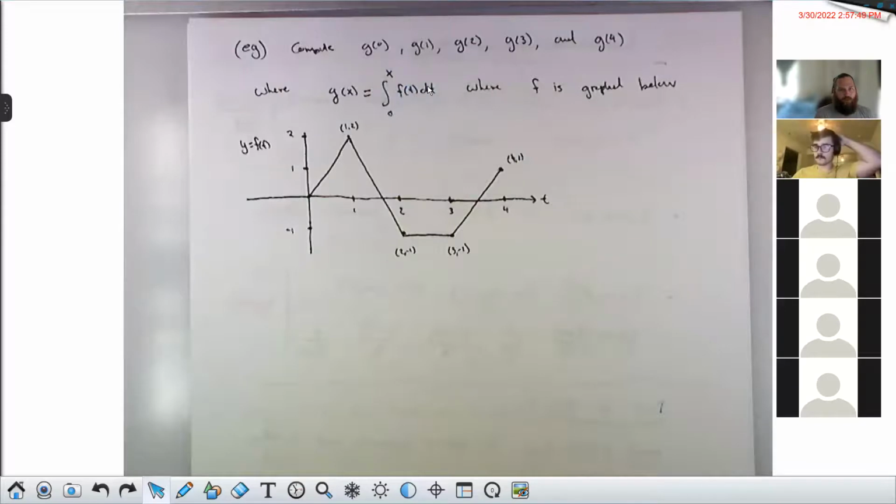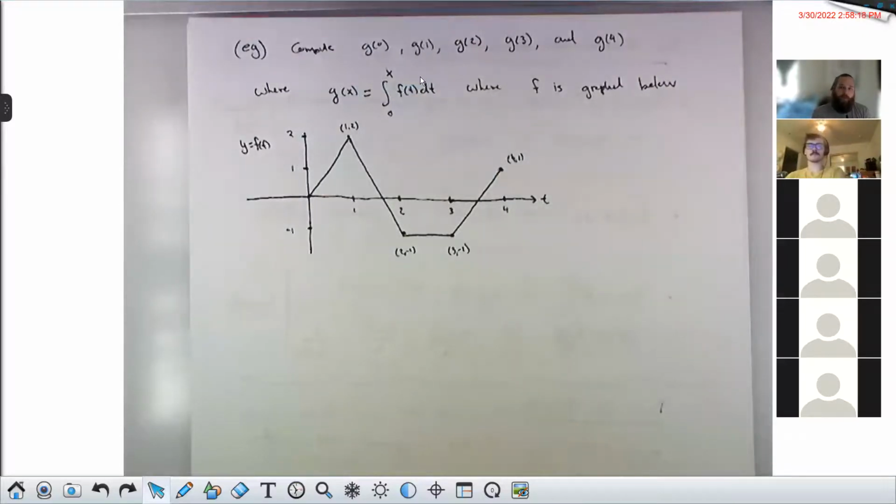I could change the t and dt to a z and dz, or y and dy, and it wouldn't matter. Because what I'm really asking is, what's the area under this graph from 0 up to the x value you're trying to plug in here? It depends only on the geometry of the graph, not the label of the variable inside.